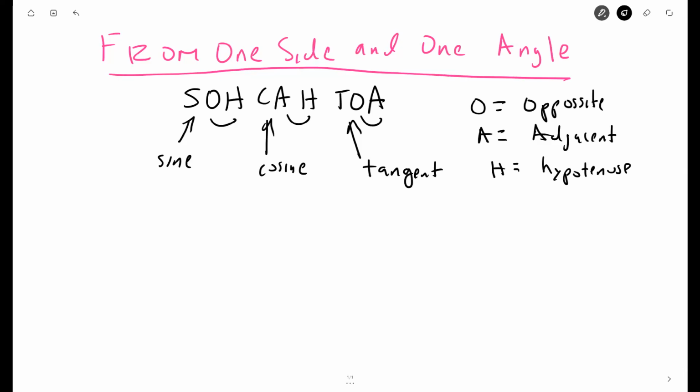So what are the steps to solve a problem like that? Let me give you one figure. This will be your angle theta, the one that is given.